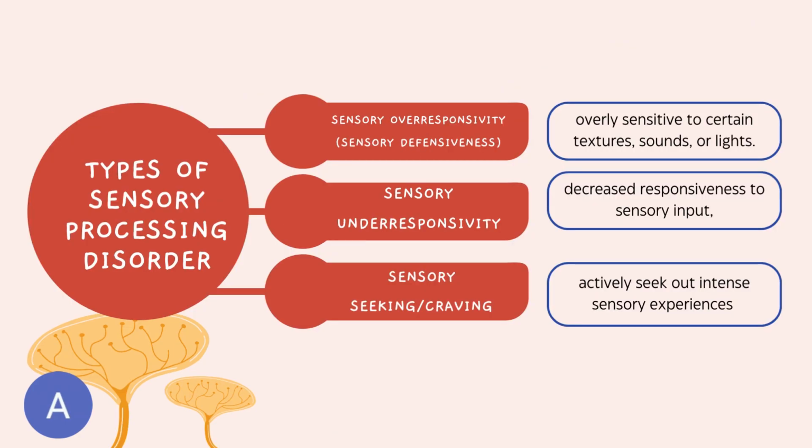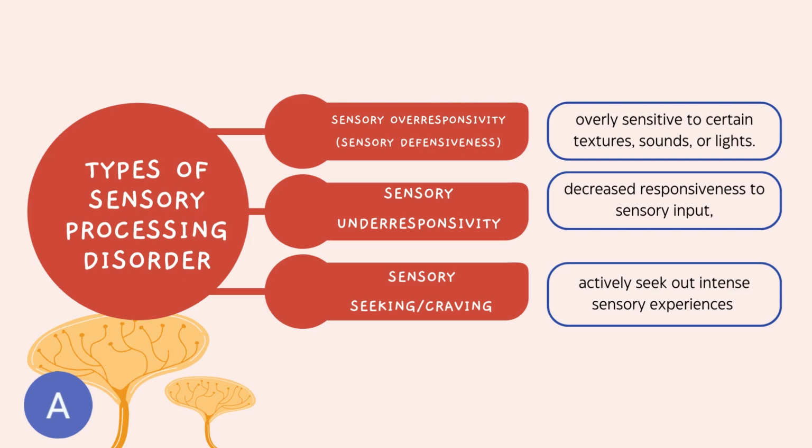Okay, so there are three types of sensory processing disorder. The first one is sensory over-responsivity, sensitivities, or we call it sensory defensiveness. So people with sensory over-responsivity are overly sensitive to sensory stimuli and highly react, such as avoiding certain textures or sounds or even light.